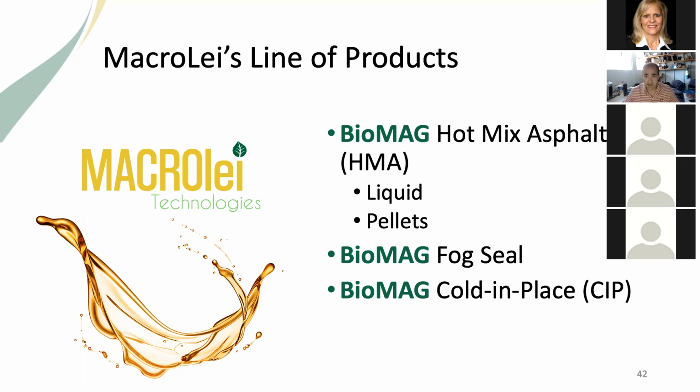To that end, we have 2 products for hot mix asphalt. One is the elastomeric liquid that you've already seen on a previous slide, and that's already commercially available. And the second is a pelletized product that's currently undergoing scale-up.